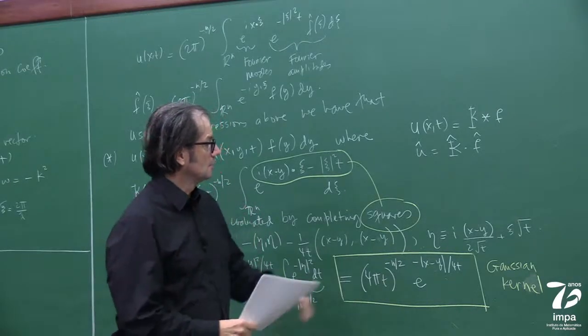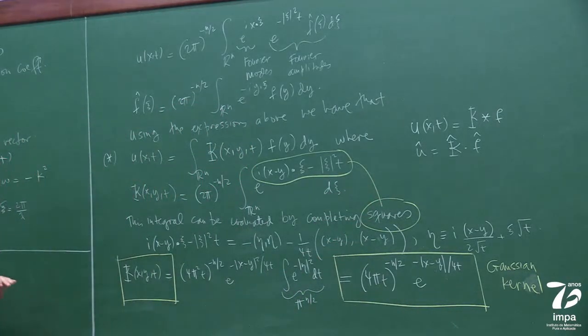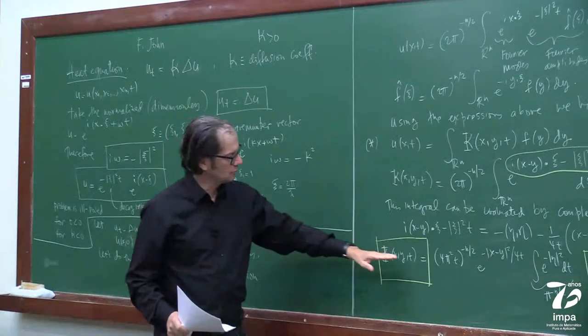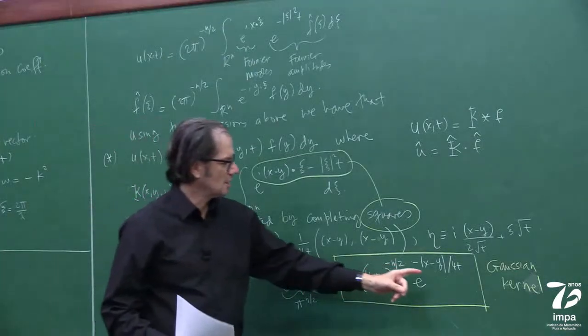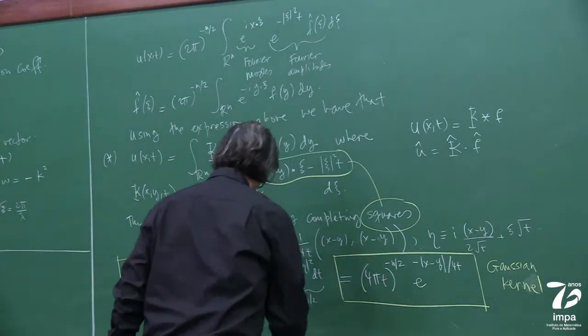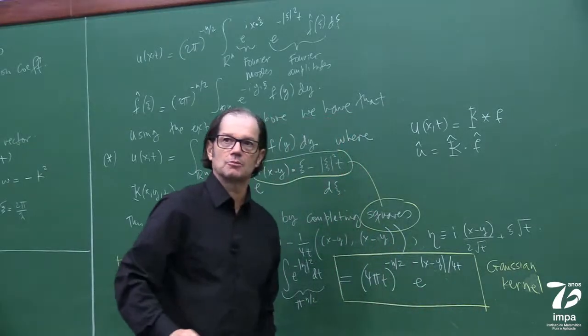These are the things which I think are very useful in many ways. So the kernel is now this Gaussian. Let me highlight another thing that we will double check.